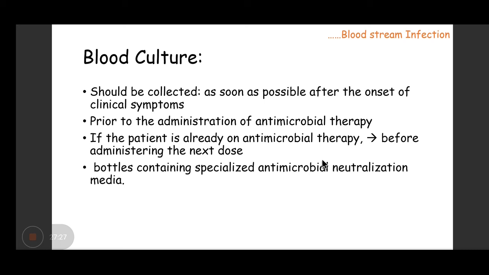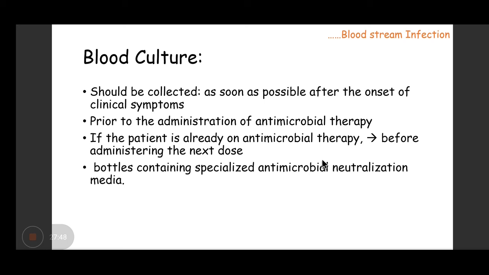For prescribing a blood culture, very important is to choose the time, the amount of blood that you will send, and how many samples you are going to send. Very important is the time.